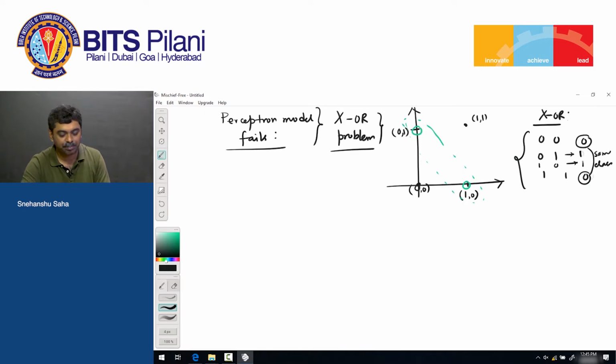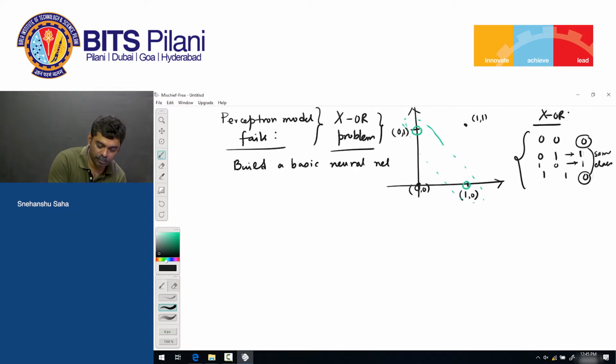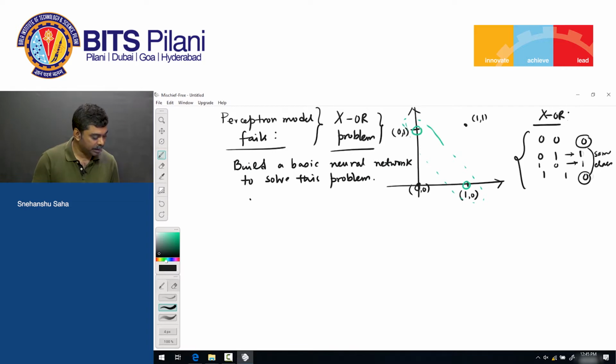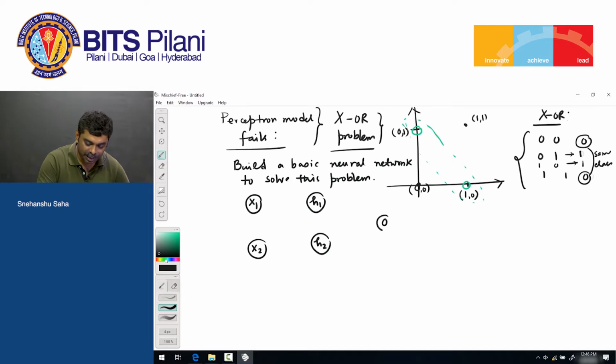All right. So therefore, what we do is we build a basic neural network to solve this problem. We know there are 2 inputs, x1 and x2, and there is a hidden layer with 2 neurons, and there is an output layer.